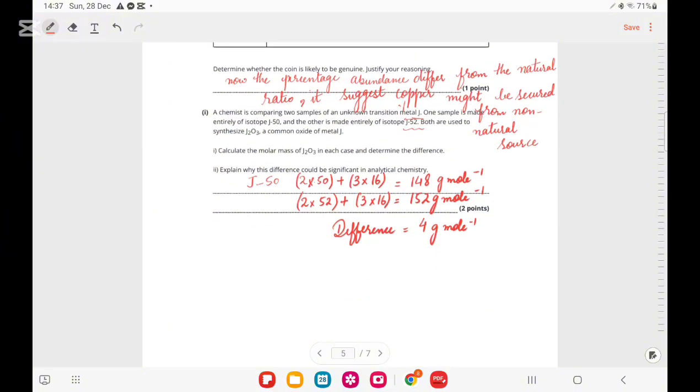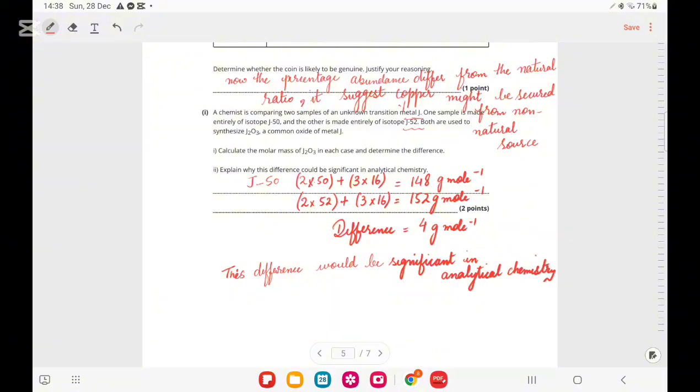And in analytical chemistry, this difference would be significant. Why?